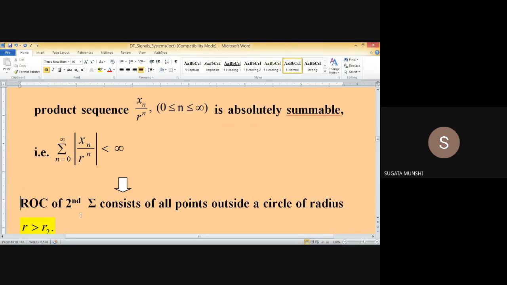So the first summation converges for r less than R1 and the second summation converges for r greater than R2.